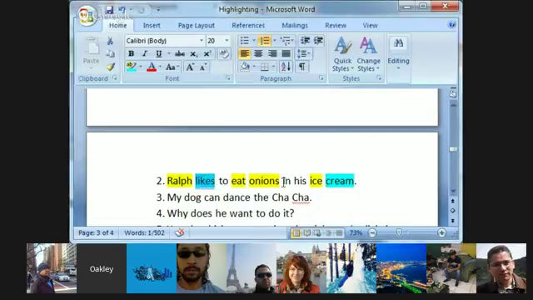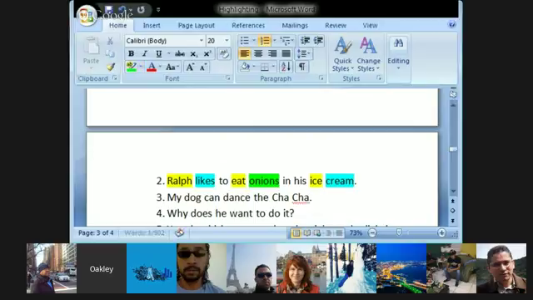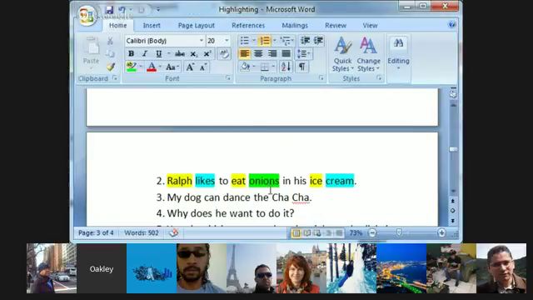Now, how about this second combination? Okay. Ralph likes to eat onions in his ice cream. Now, I notice you doing this. Does everybody else notice this? Carlos can't help himself. He's highlighting onions.